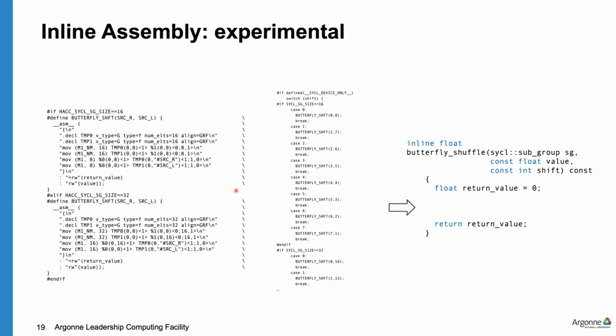And this is a lot closer to the SLM implementation, maybe 10% slower. We're still experimenting with this, but I thought it'd be good to point out that these kinds of low-level features exist in case people are interested.